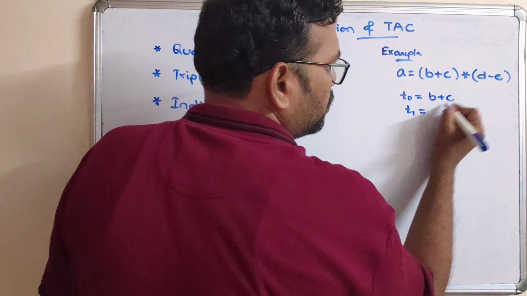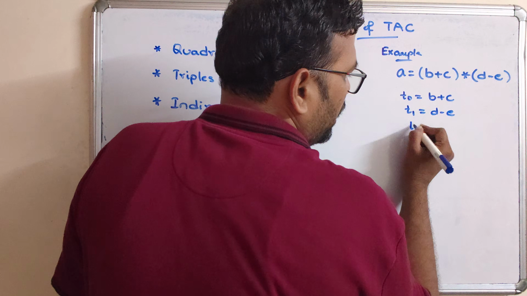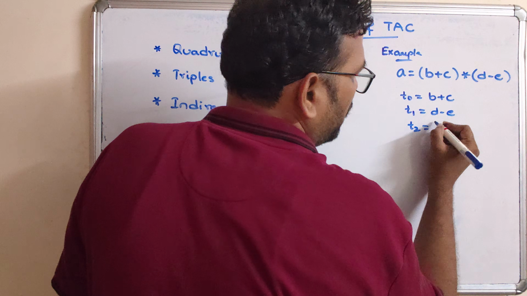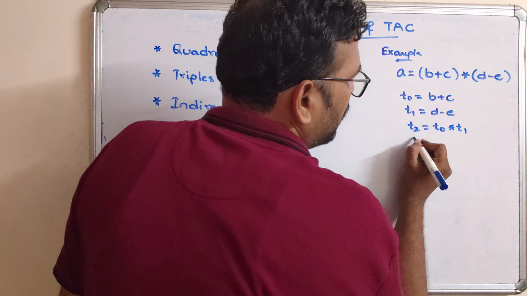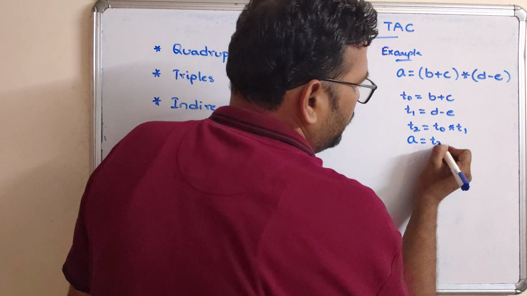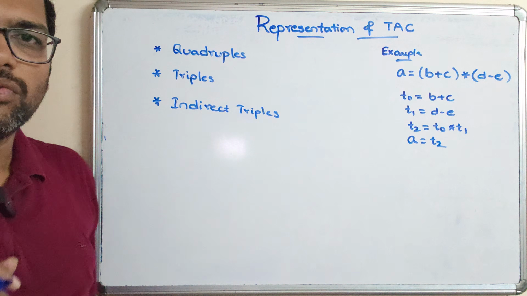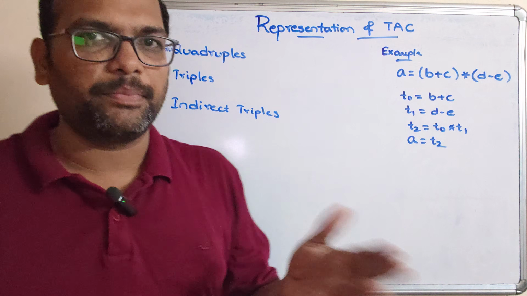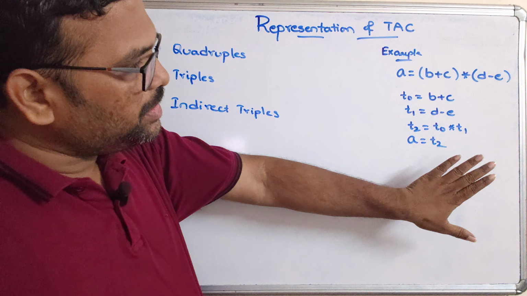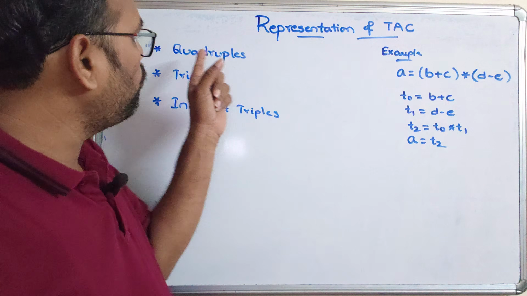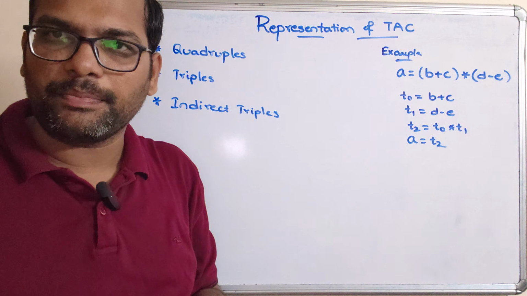So t0 is equal to b plus c, t1 is equal to d minus e, and t2 is equal to t0 into t1, and a is equal to t2. So this is the three address code we discussed in our previous sessions. Now how can we represent this particular three address code using quadruples, triples and indirect triples?